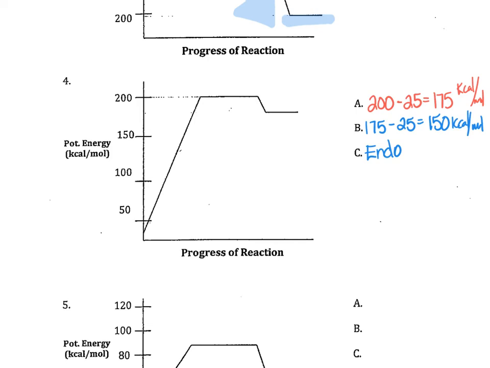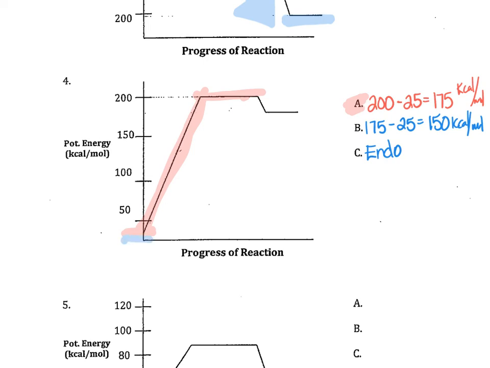For number 4, our activation energy, we're starting at about 25 for our reactants, and we've got to get all the way up to 200. So 200 minus the 25 means that we need 175 kilocalories per mole of energy to get up to that activated complex.